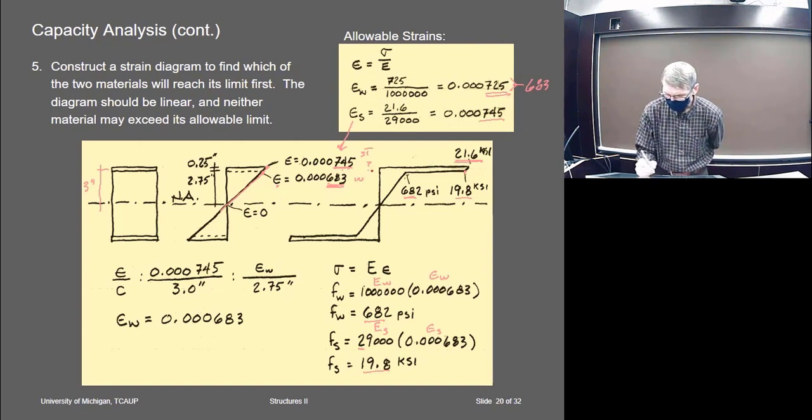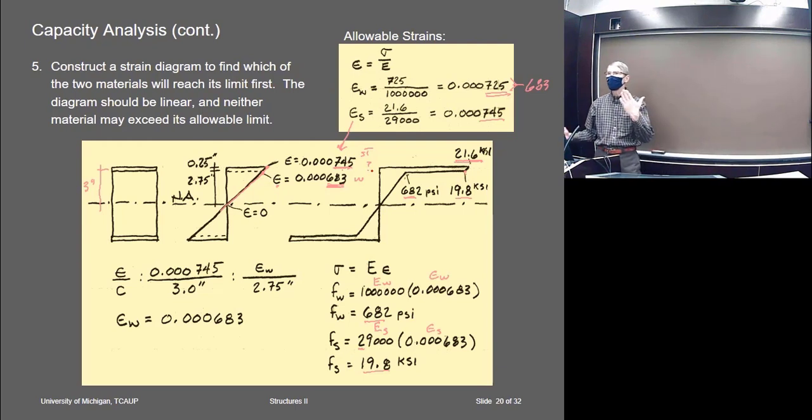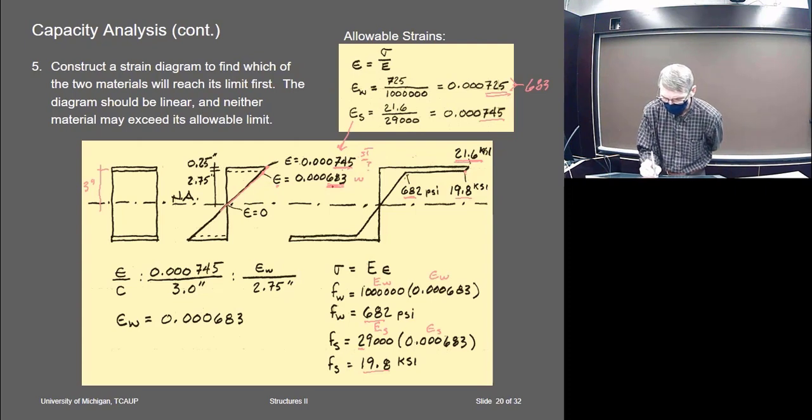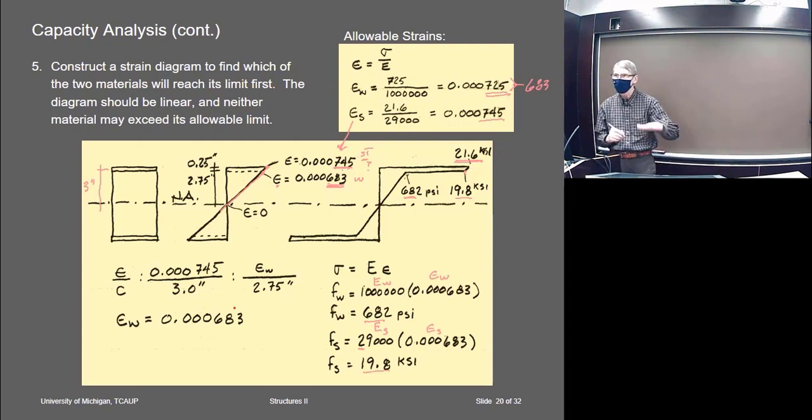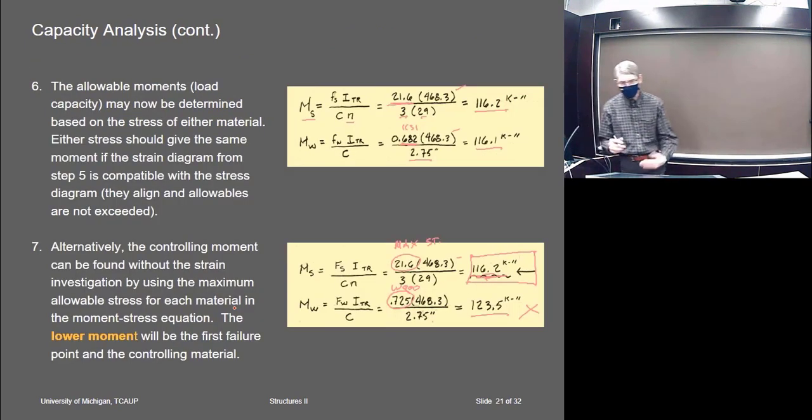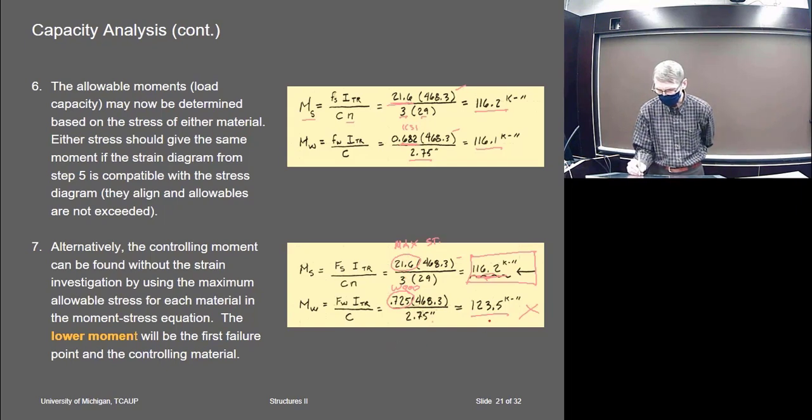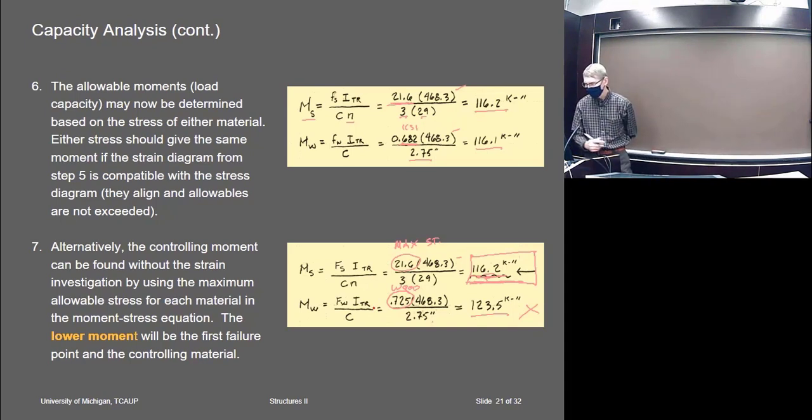That was the question. Which one's failing first? And we determined here that the steel failed first and the wood, under design, is safe. So you can do the same thing, simply plug both maximum values in and see which controls, and that would be, in this case, the steel.